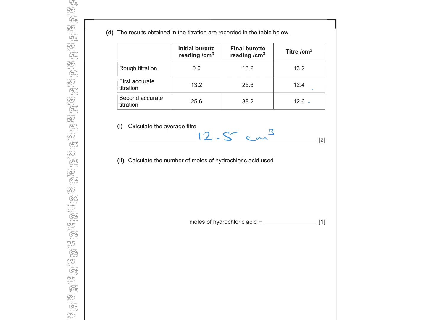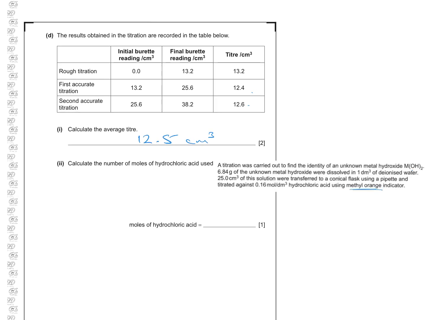On to part 2, calculate the number of moles of hydrochloric acid used. Now this is the information from the start of the question. To work out the number of moles, I'm going to multiply concentration by the volume. The volume of hydrochloric acid is 12.5. That has just been calculated.